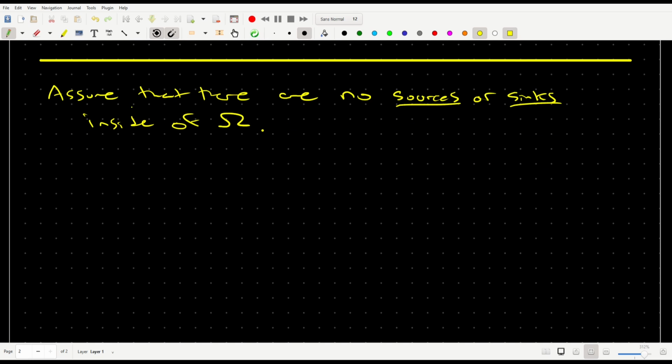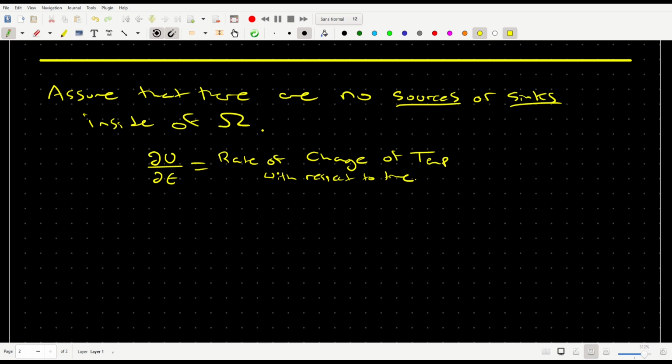But anyway, we know that the temperature u is changing with respect to time at every given point. So the partial derivative of u with respect to t is the rate of change of temperature with respect to time at every given point.